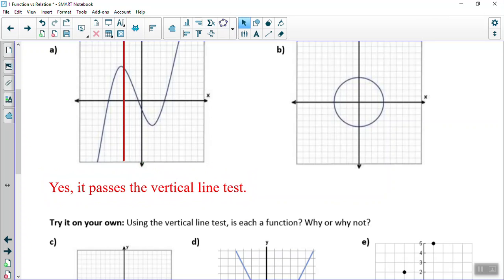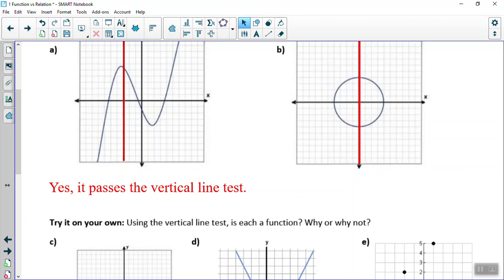Now let's do the same thing over here. So here I have a vertical line, and in this case, no matter where I put my vertical line, I'm always touching that graphed line twice. Okay? So it doesn't really matter where I'm looking. I'm just going to put it here, just for example.